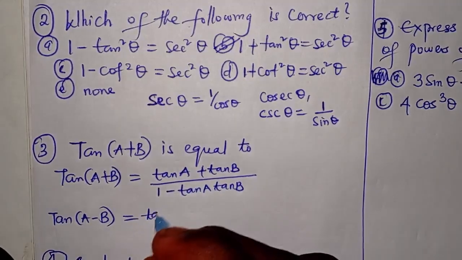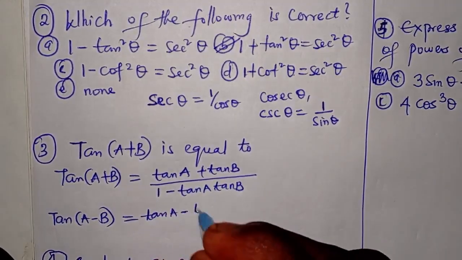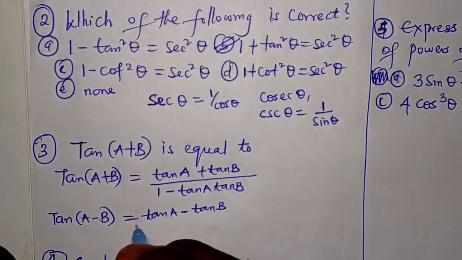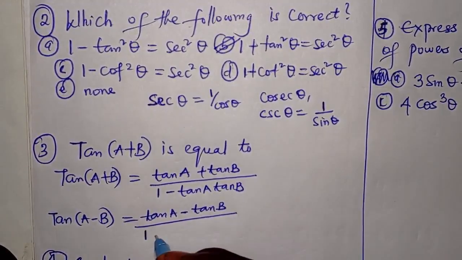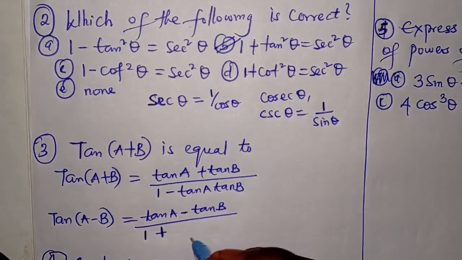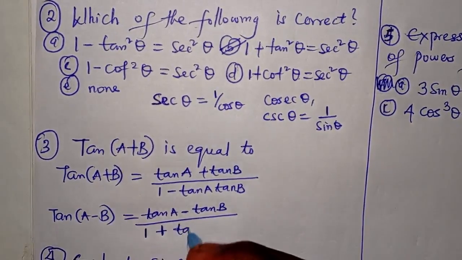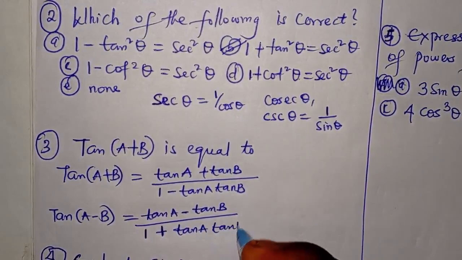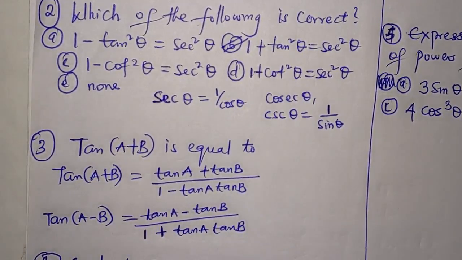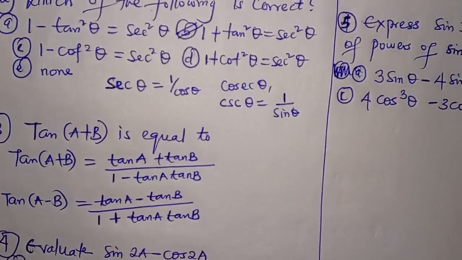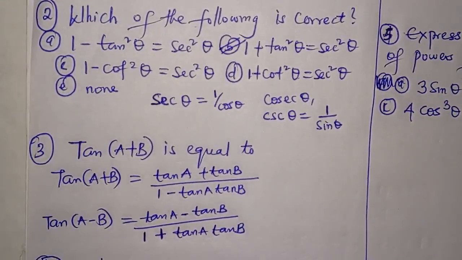It will be tan A minus tan B divided by 1 plus tan A tan B. That's it. We also have the sine of a sum, the sine of a difference, the cosine of a sum, and the cosine of a difference as well.